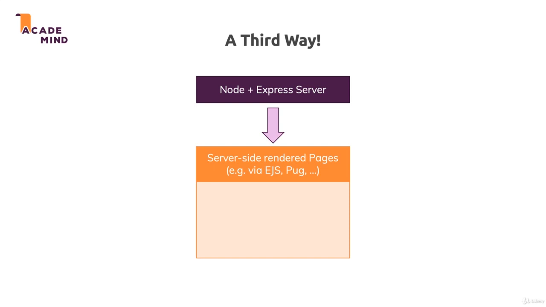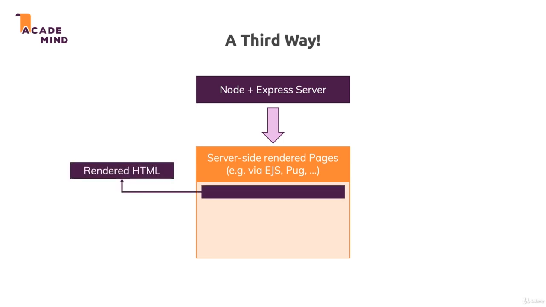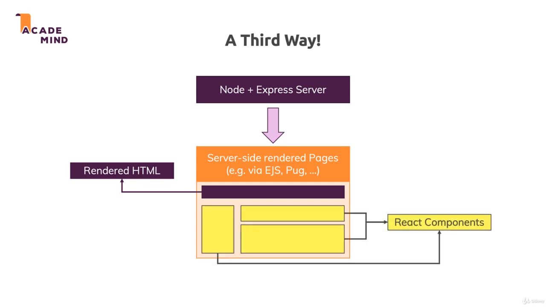Now, you therefore really render different HTML pages for different requests on the server, and that rendered HTML code is returned. Now, to get React into the equation, you could have some parts of these pre-rendered HTML pages which are controlled by React in a widget-like way. So React only controls parts of the page instead of the entire page.